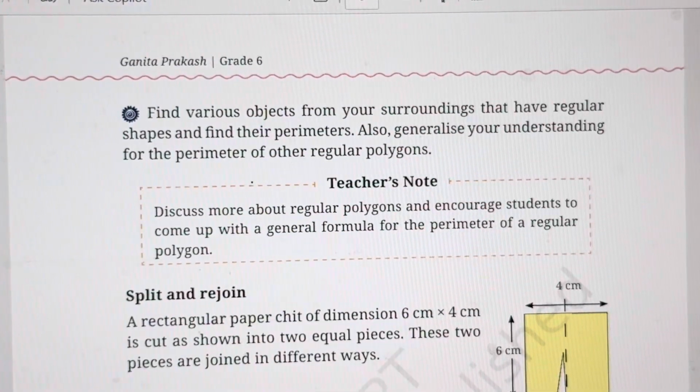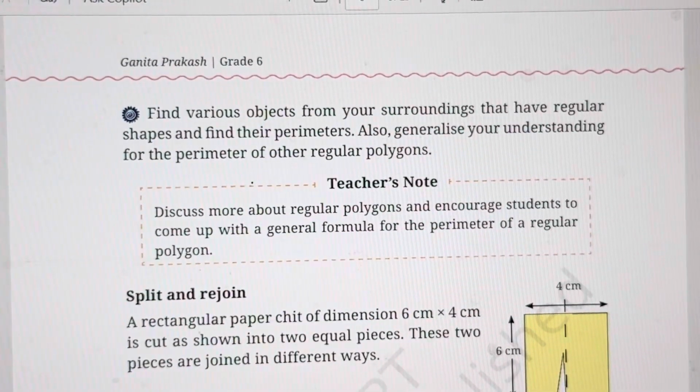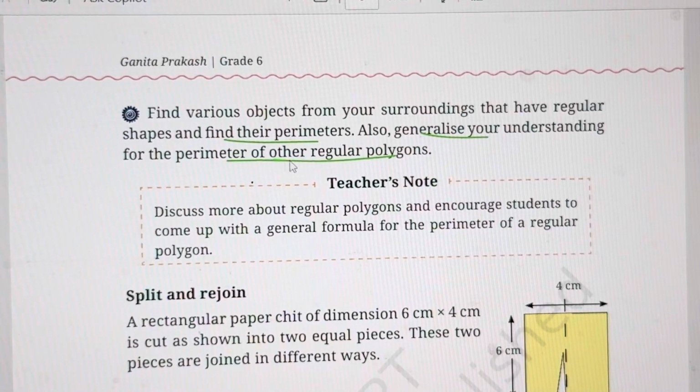So you can find various objects in your surroundings that have regular shapes, and then you can find out the perimeter. And now we can generalize this formula for any regular polygon. So what will be the formula? Suppose we have understood it for an equilateral triangle: it has 3 sides, into the length of a side.